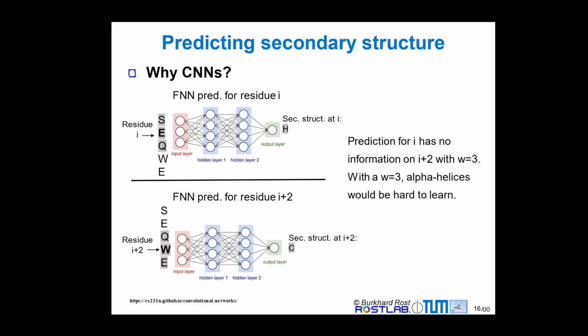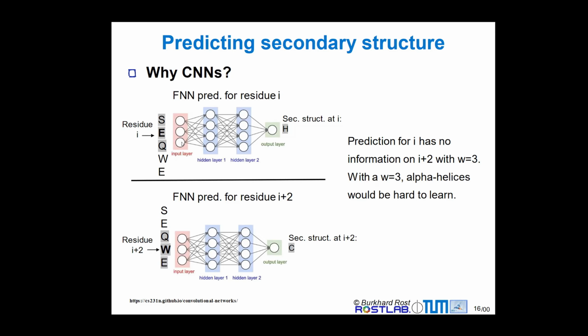So you can already get pretty high performance by just considering a very local window of 7 or 11 amino acids. Especially alpha helices, for example, are defined in terms of 4. If you have a window of size 3, you will never actually capture a full turn in the alpha helix, making it really hard to actually learn alpha helices.